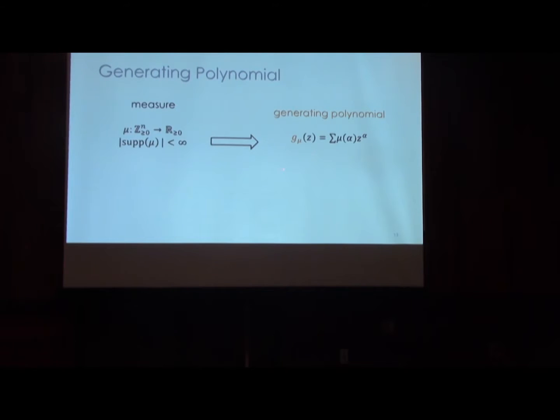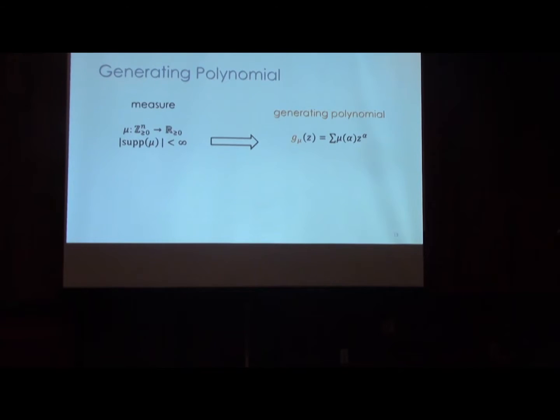So to such a measure, I'm going to assign a polynomial, which is going to be the measure at every one of my integer points times z raised to the power of that integer point. By that I mean zi raised to the power of alpha, the product of that.